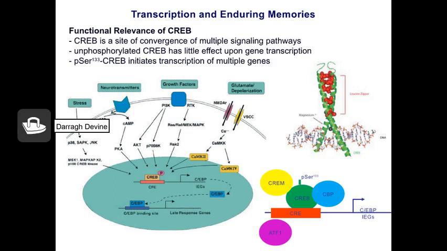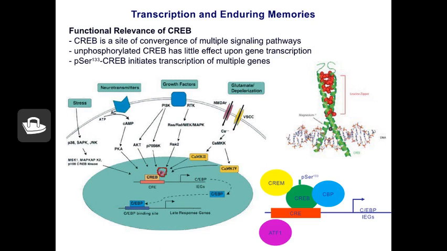The large diagram at the left of this slide really just reinforces the idea that Krebs is a site of convergence of multiple signaling pathways in neurons, all of which succeed in phosphorylating serine 133.